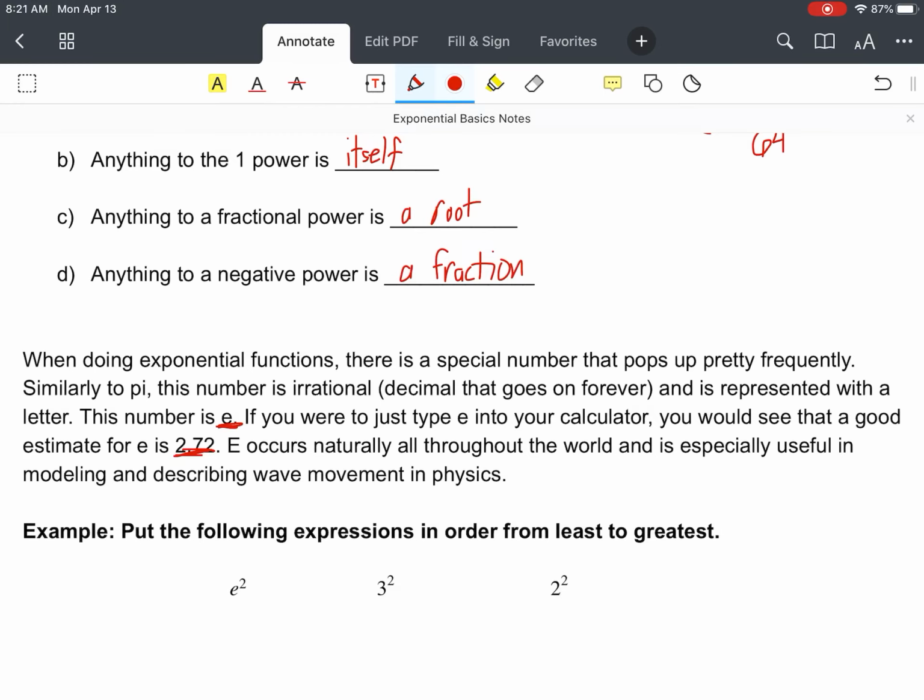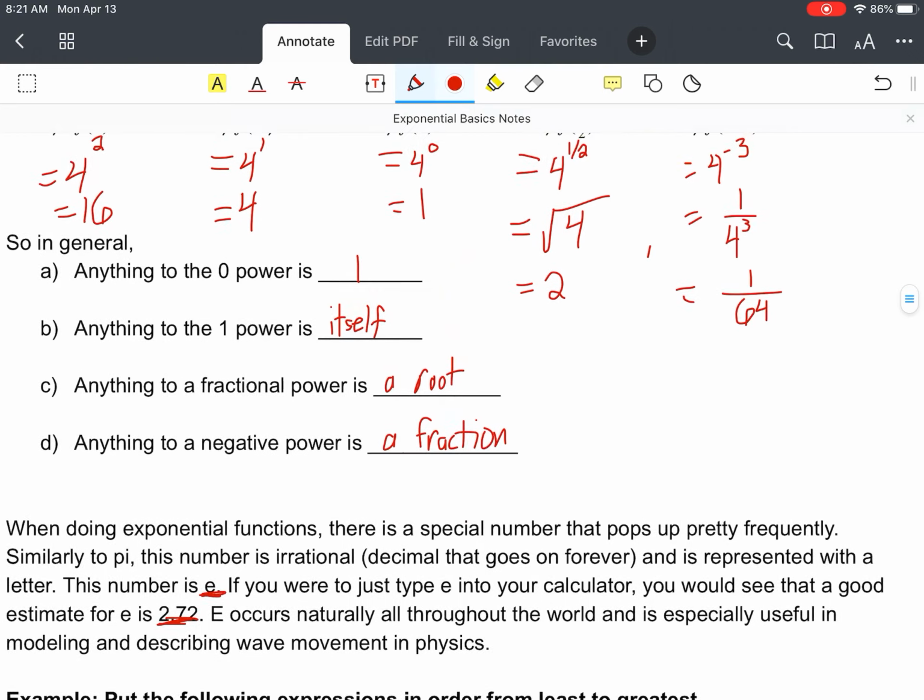It's tied closely with things that also involve imaginary numbers, which we talked about earlier this year. Okay. It occurs, it's like the ratio in some plants that happen. Okay. We call it the natural base because it happens in nature. All right. So e is just a thing that if you take any higher level physics class, you will see all the time. So we got to talk about it.